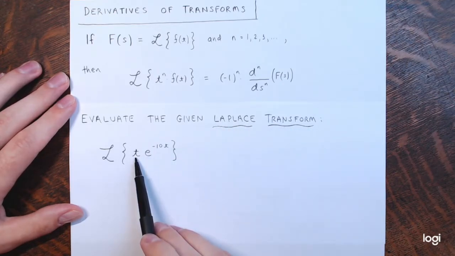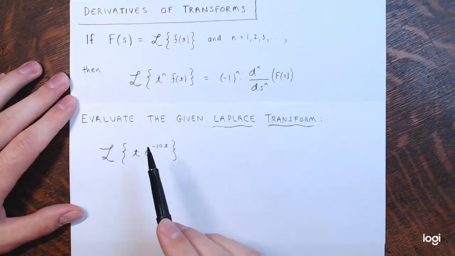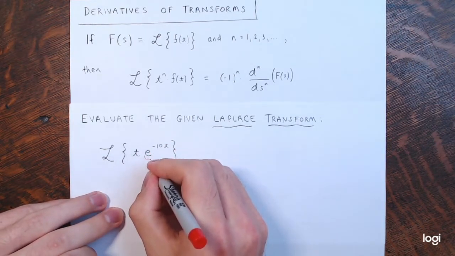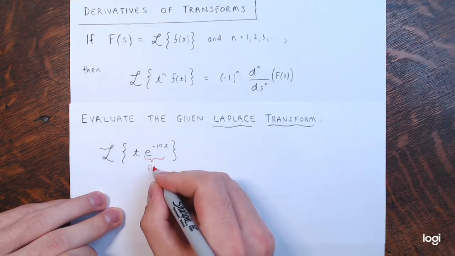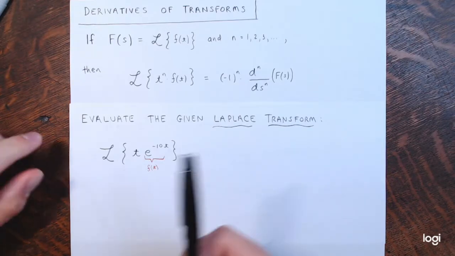So you see I have some whole number power of t times an exponential. Now this exponential is going to be the little f of t from the rule. So little f of t is e to the -10t.